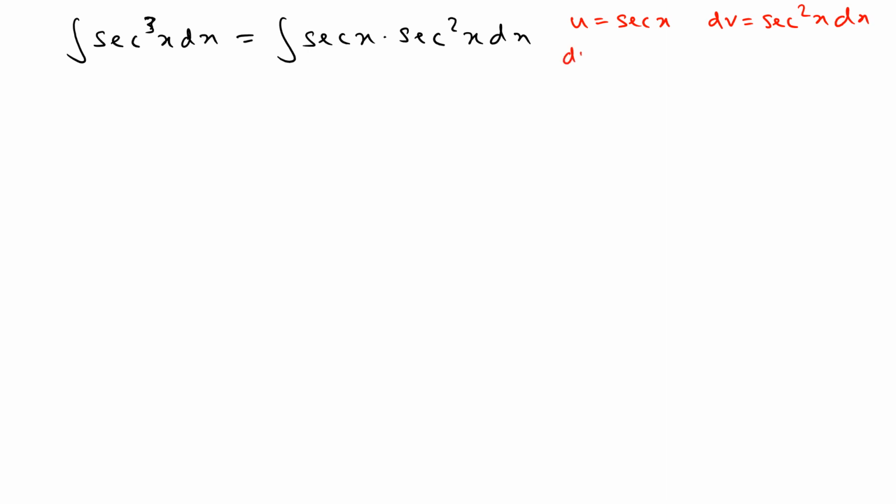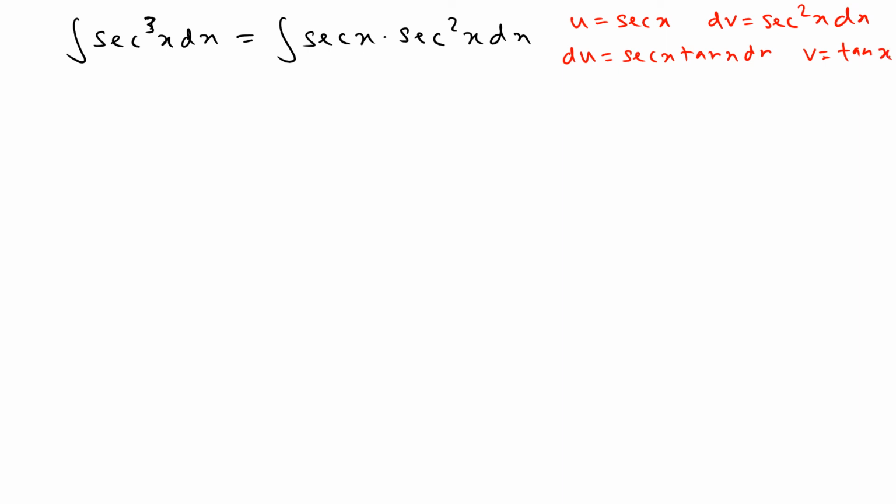So du equals secant x tan x dx, and v equals tan x. Okay, v equals tan x.